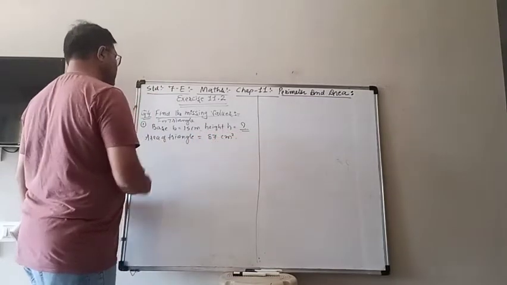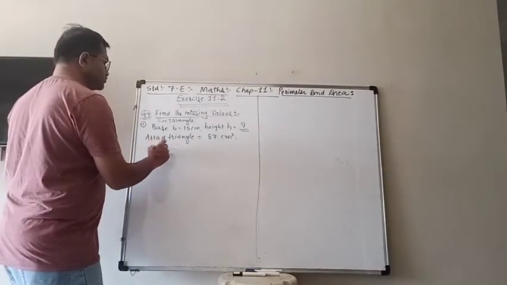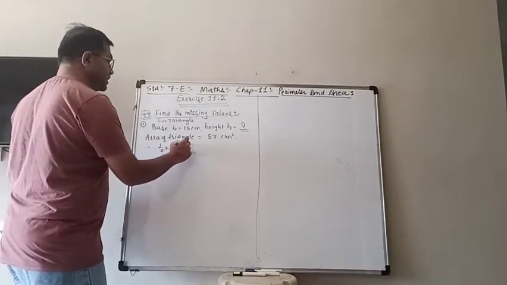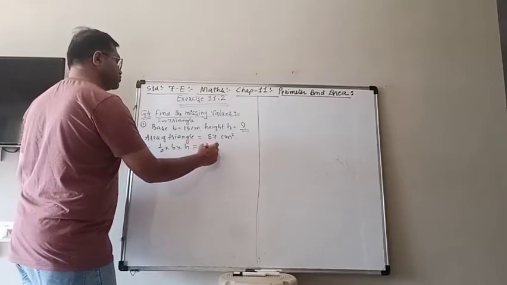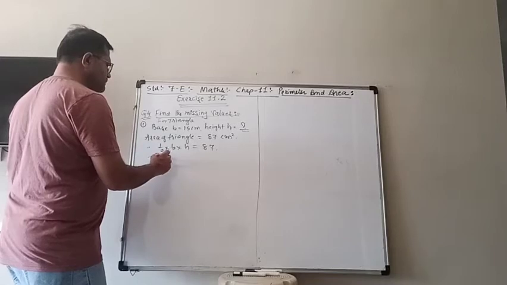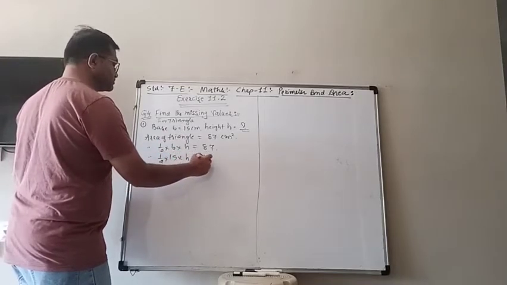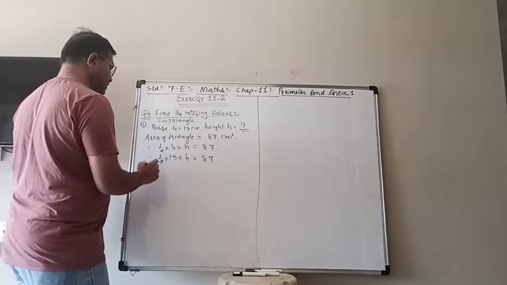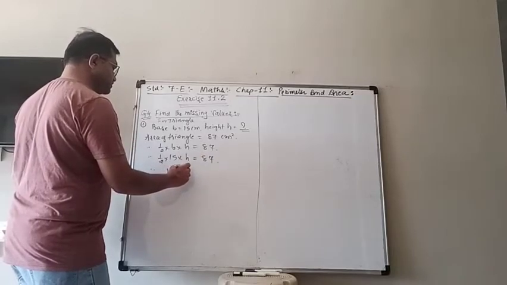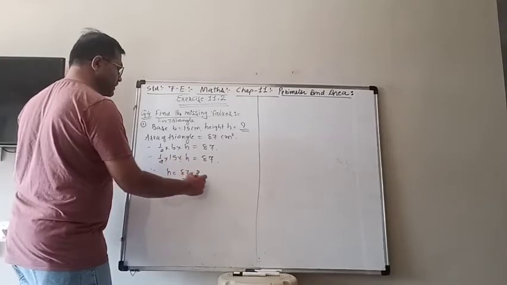Now we know the formula of area for the triangle. So 1 by 2 into B into H is equal to 87. So value of B is given as 15 centimeter multiplied by H. So now H is equal to 87 multiplied by 2 divided by 15.